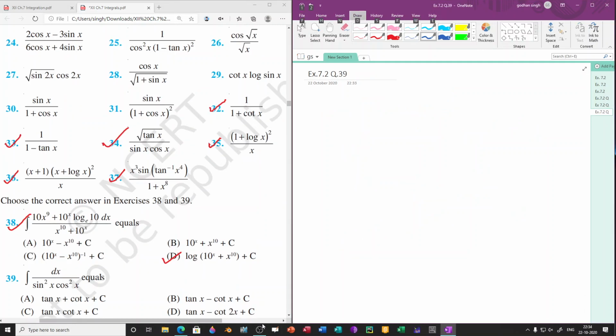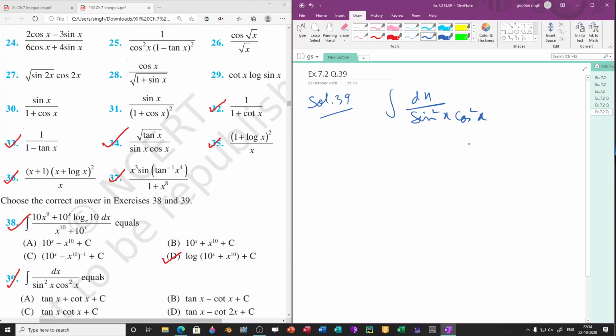Now let us do question number 39. So solving question number 39, solution 39, integration of dx over sine square x into cos square x. Now in the numerator we are having 1 dx, 1 can be written as sine square x plus cos square x.